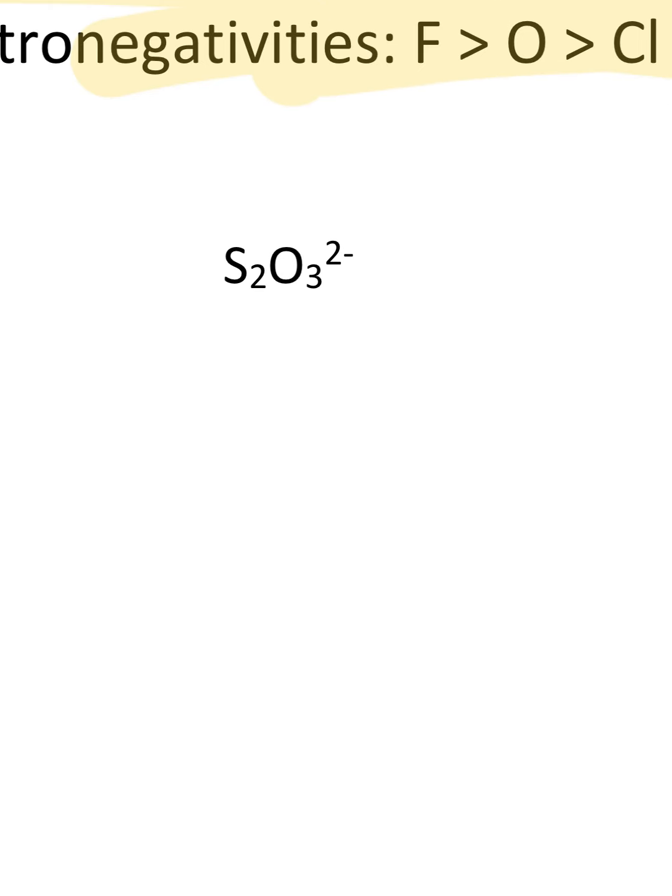Alright, next we have a charged compound, so everything's going to add up to -2. Start with oxygen. We know that oxygen has an oxidation number of -2. In here, that's -2 times 3, which is -6.